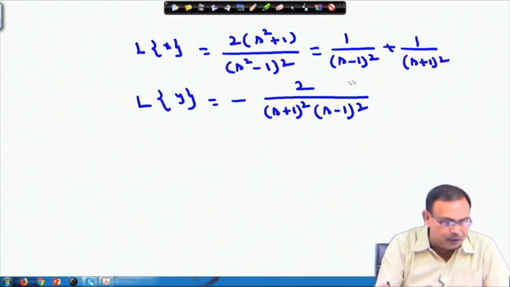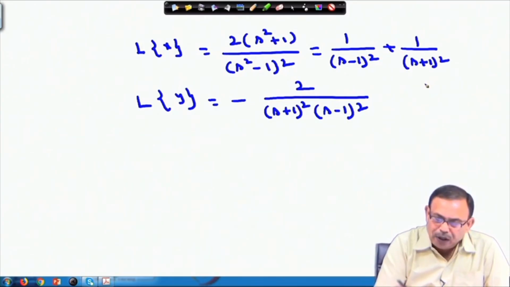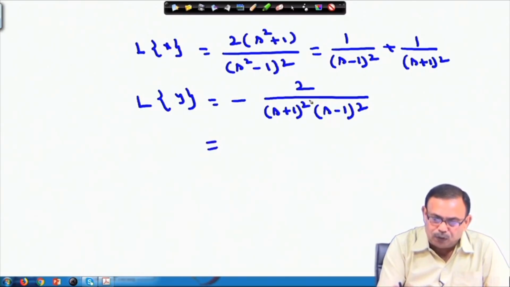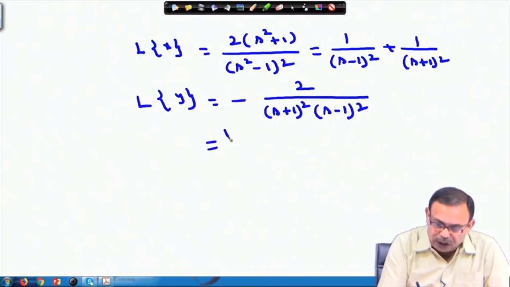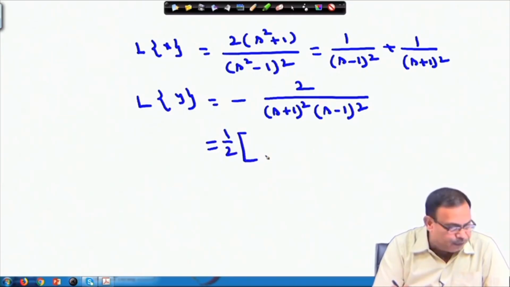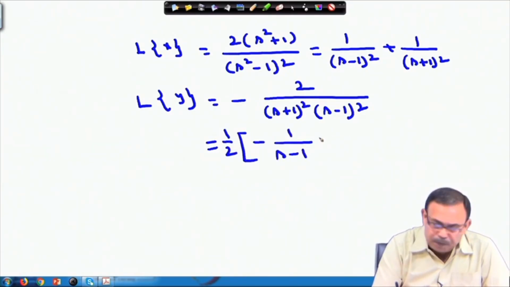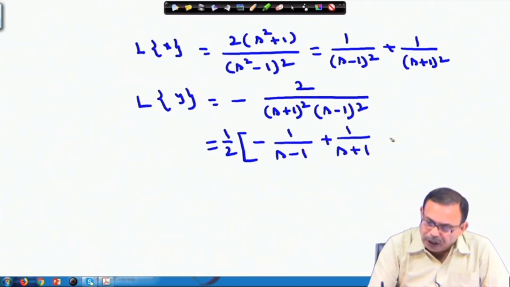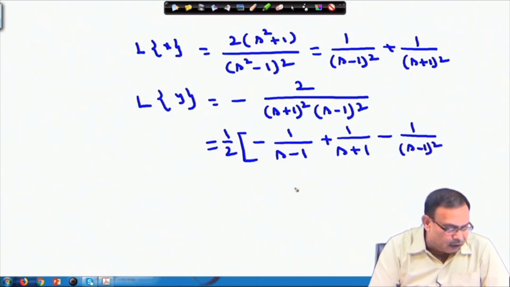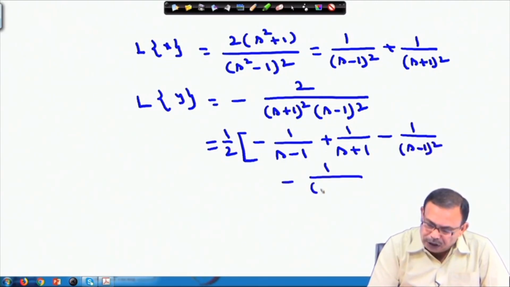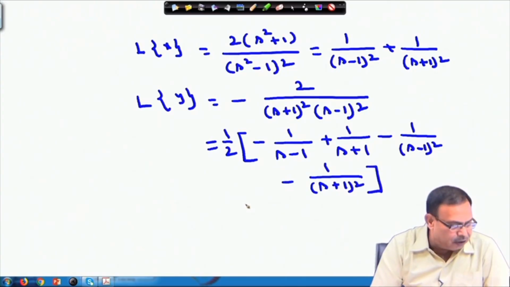Similarly, Laplace transform of y I can break as half into minus 1 by s minus 1 plus 1 by s plus 1, minus 1 by s minus 1 whole square and minus 1 by s plus 1 whole square.